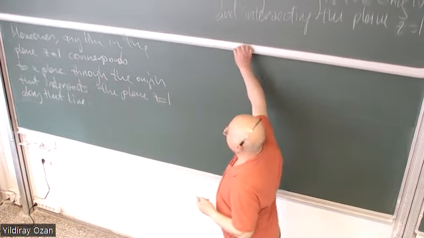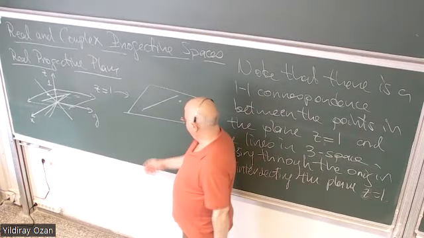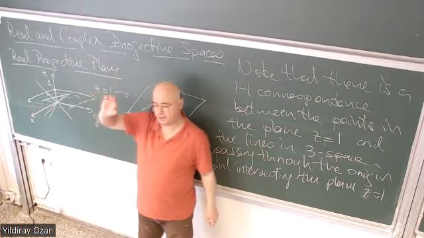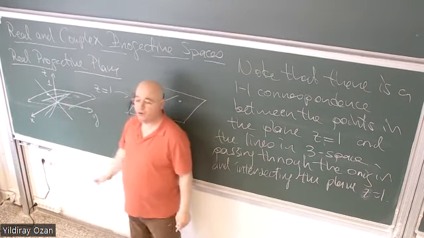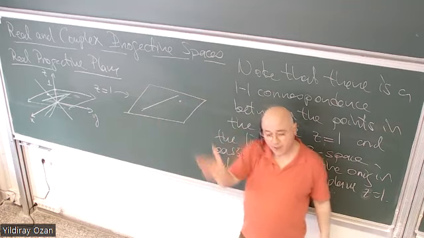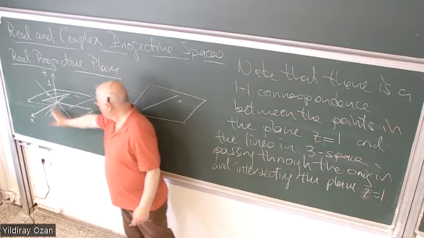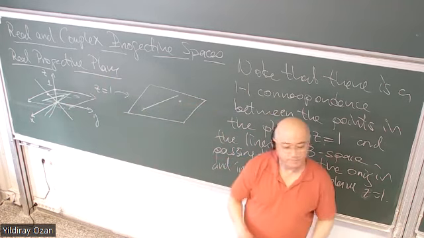Yani bu ne demek? So this way, we not only correspond points in this plane with lines, we also correspond lines in this plane with planes in 3 space. Okay?